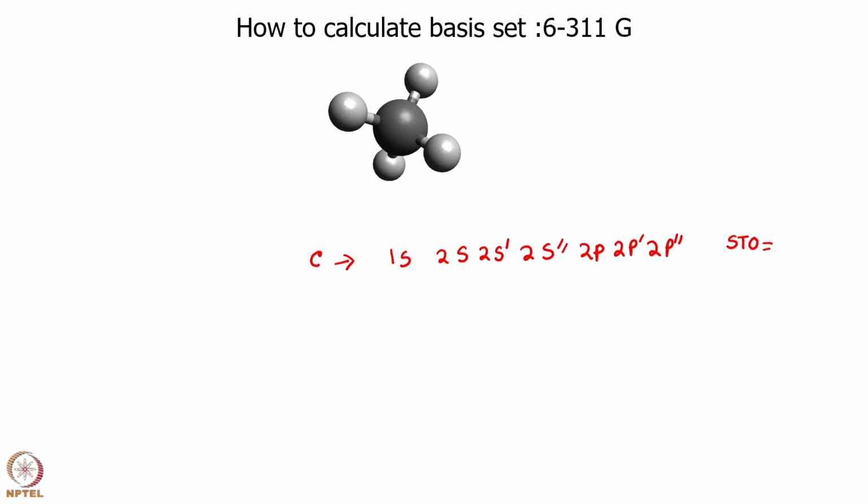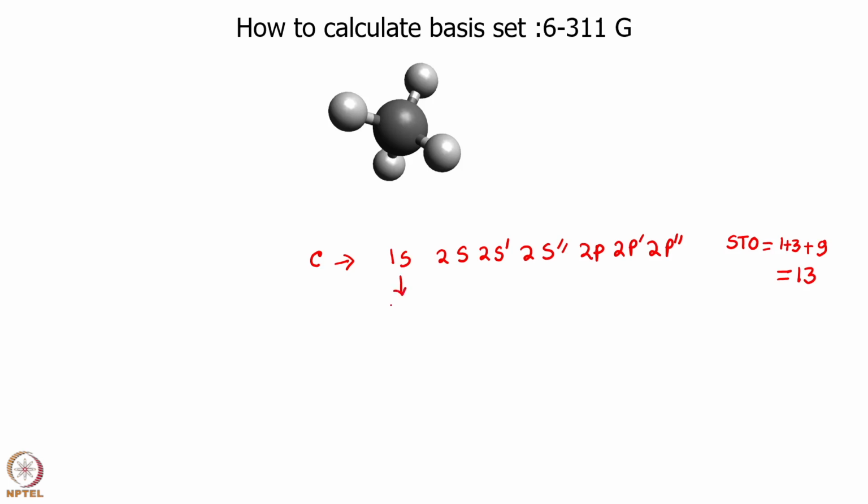So, 1 plus 3 for 3s, and then there are 3 p functions, remember, and each of them will have a set of 3. So, number of STOs will be 13. So, it is 1 plus 3 plus 3 p orbitals times 3, so total 13 is fine. Now, let us look at the Gaussians.